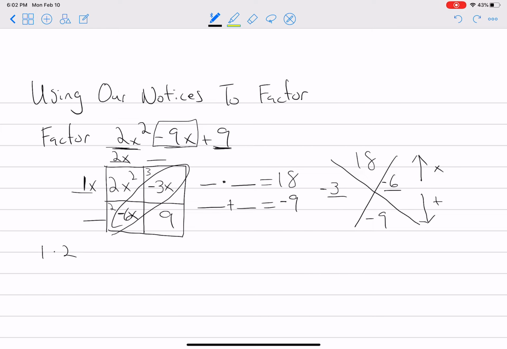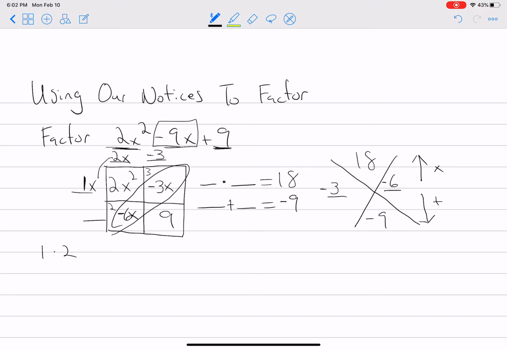And now 1x times what number here is going to give me negative 3x? Hopefully you just figured out that that number can only be negative 3. 1x times negative 3 is negative 3x. Now I got to work down this. 2x times 1x is going to give me 2x squared.